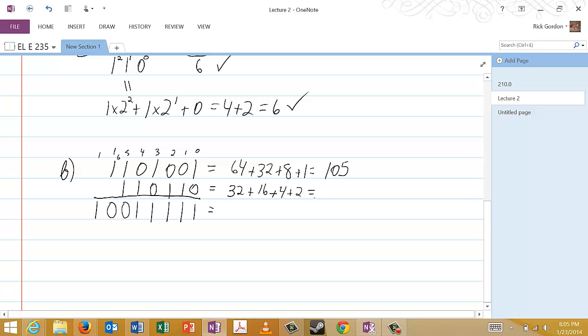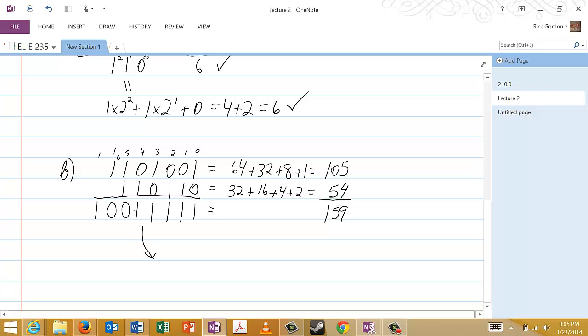So I think that this takes care of the second number, and we have 32 plus 16, which is 48, and 6 is 54. So the sum is 159. And now let's look at the answer that we obtained over here and see if that is indeed what we got there as well.